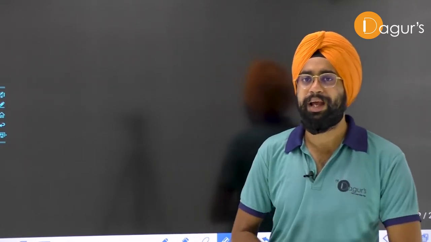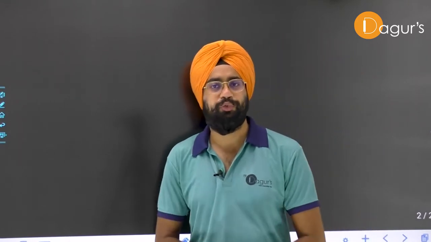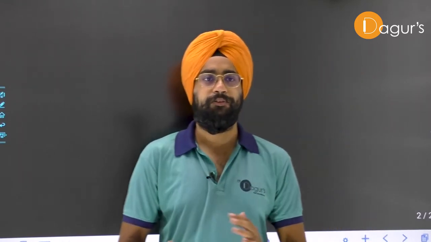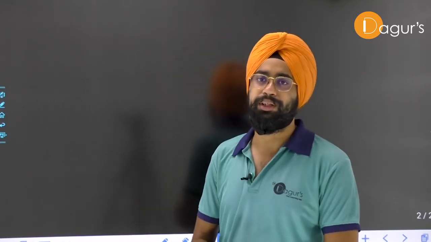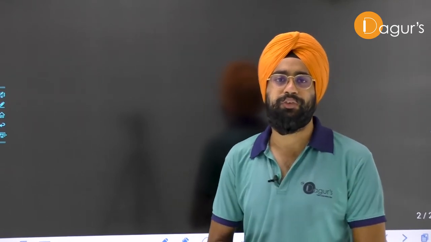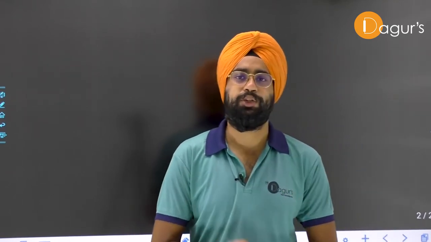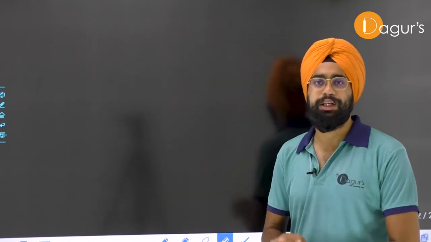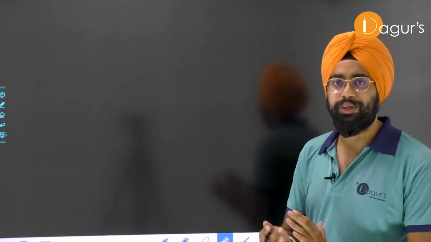Now what will happen if the amount of current is large? If we use a galvanometer for a larger current, say 2 ampere or 3 ampere, then obviously that greater amount of current will damage our galvanometer and the instrument will be hampered. So to measure a large amount of current, what will we do?